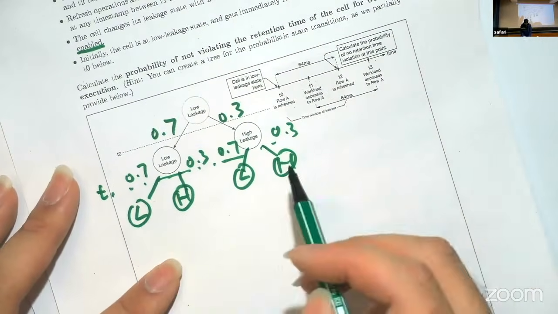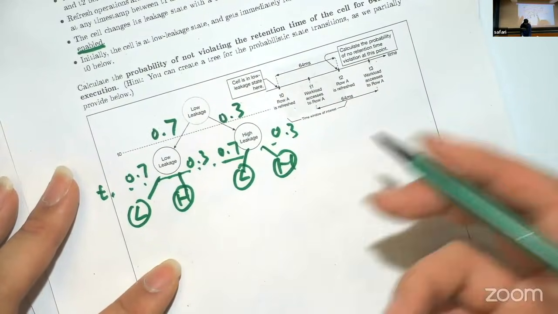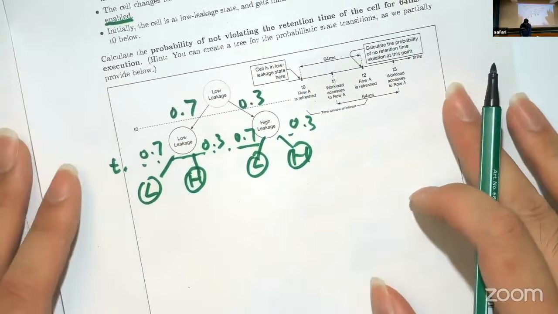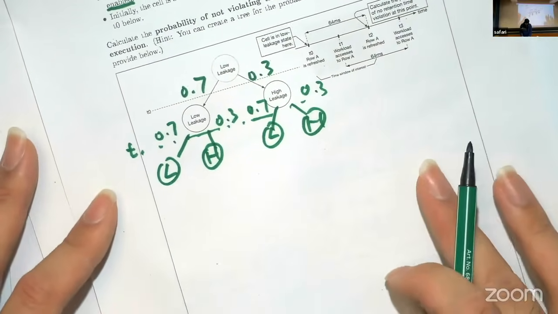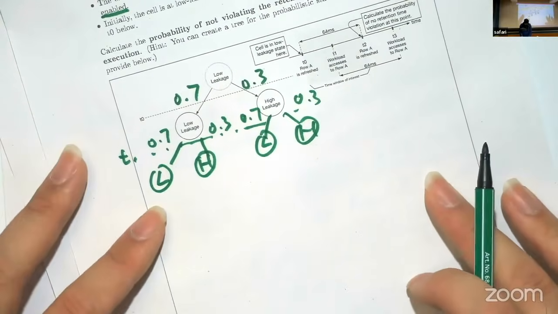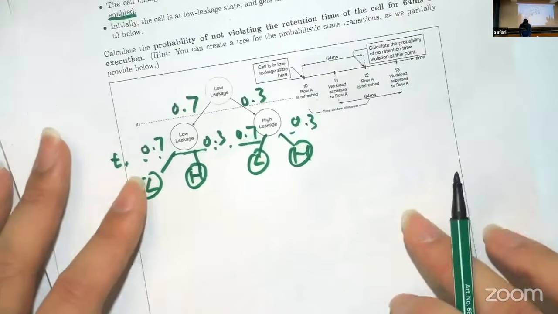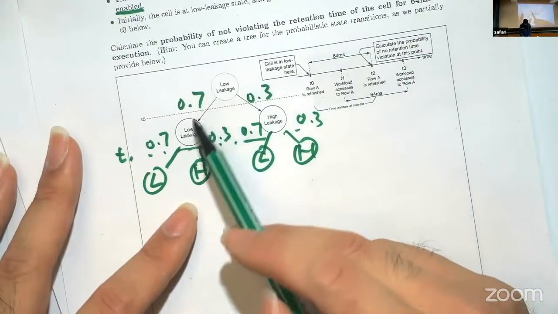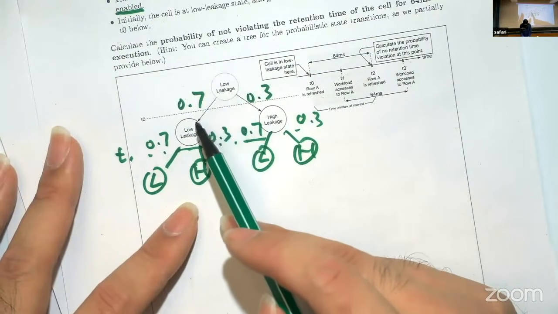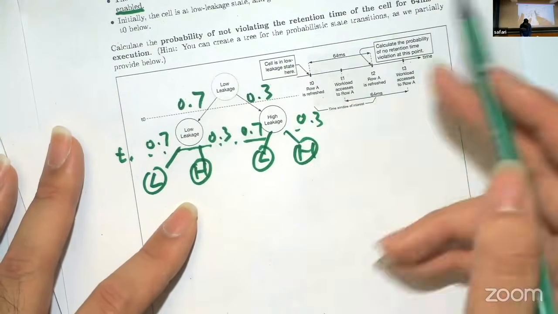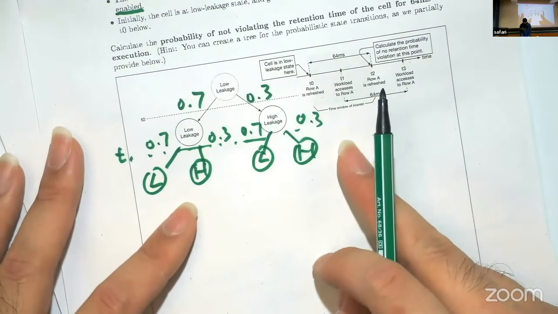Because the question is asking for the probability of no retention time violation at T2, we just have to evaluate the chance of each of these four cases and see which of these correspond to no retention failure, and then we get the answer. So first, let's examine the leftmost L state. Since at all times it stays in the low leakage state, it can retain data for 128 milliseconds.